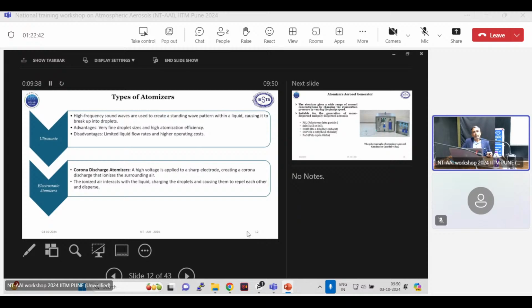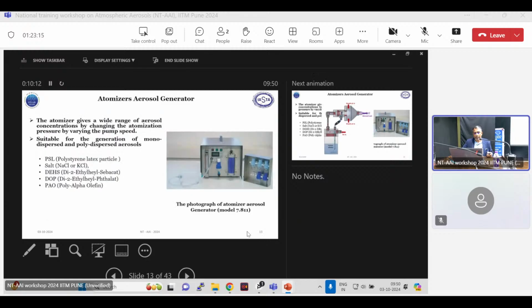Here also the liquid is emitted through very fine nozzles and you apply a high electrostatic potential, then the droplets break and disperse, because the particles are homogeneously unipolar charged, so they disperse away from each other. In this way it is dispersed in the electrostatic generator. And corona discharge is basically used for charging or neutralizing the aerosol.